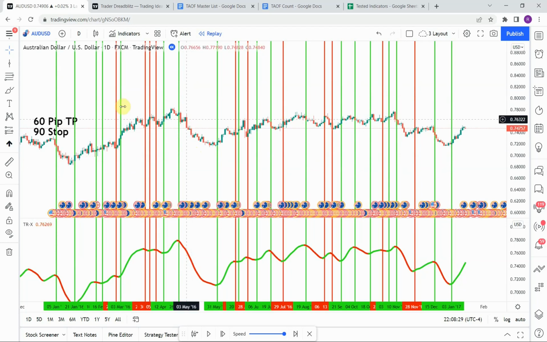And so I think filtering out choppiness would be a good one for this one.